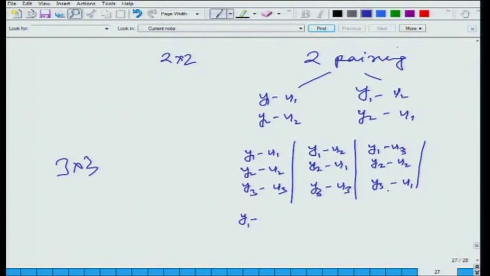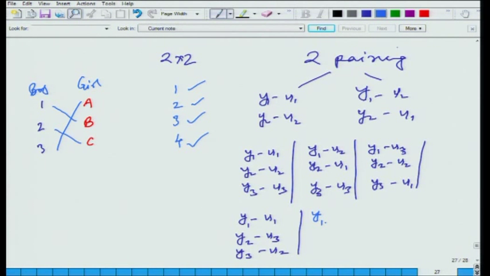Then I could also have, okay, let me flip these two, y1 u1, y2 u3, y3 u2. So, 1, 2, 3, 4.